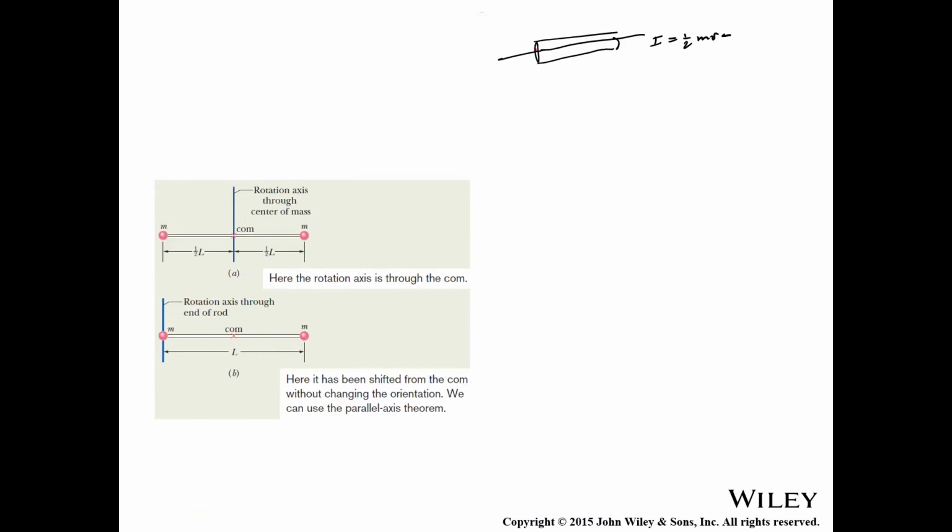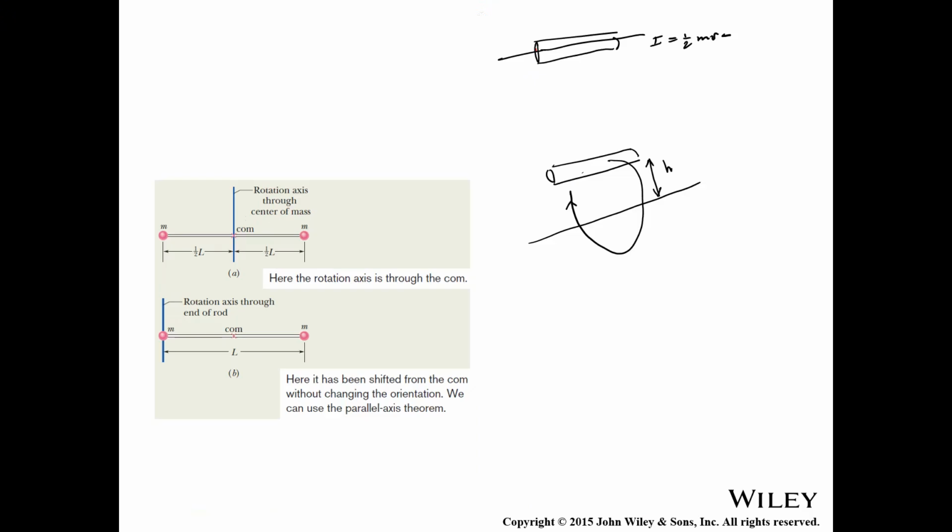Now, the parallel axis theorem tells you if now your rod is rotating around an axis which is here. So it's rotating like this, around this axis. Rather than around its own axis, it's rotating around an axis parallel to its own axis and at a distance, let's say h from this axis.